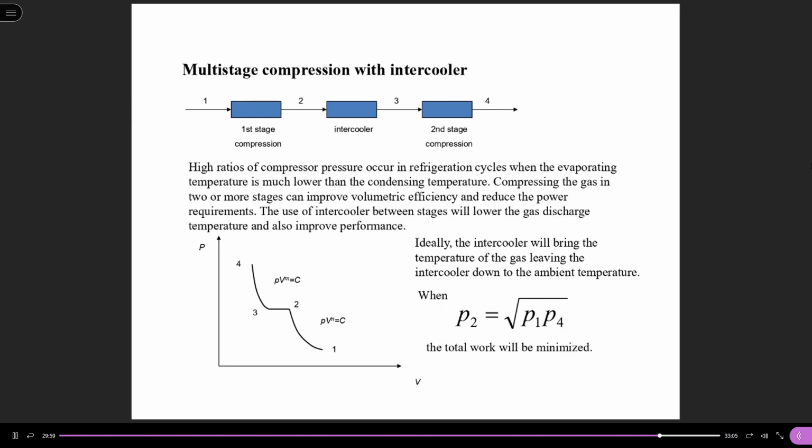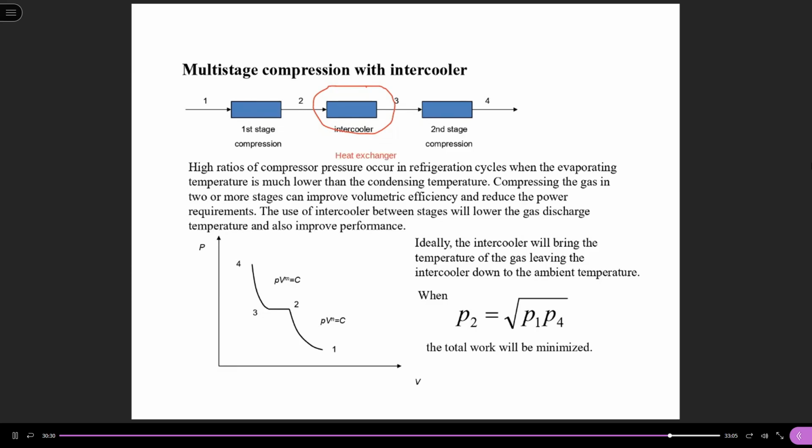So it's like this, the multi-stage compression with the intercooler. You know the intercooler is a heat exchanger. You need to know how to calculate the heat transfer of the intercooler.